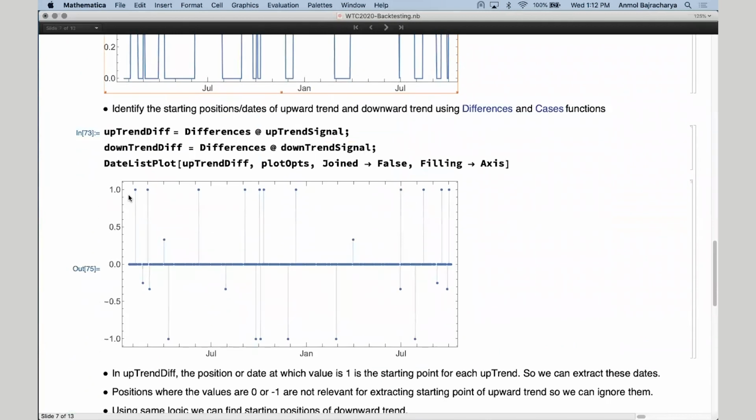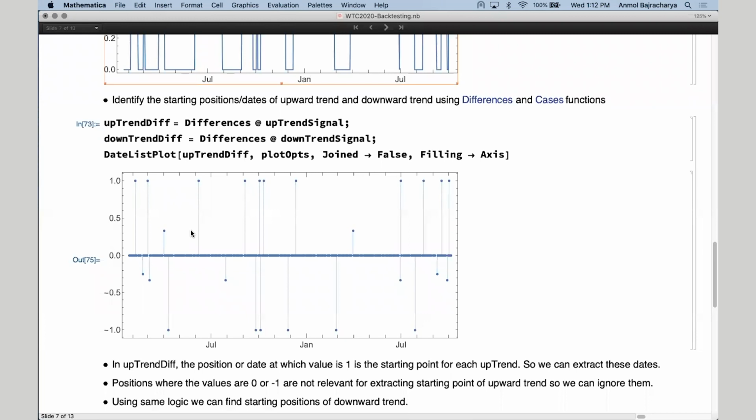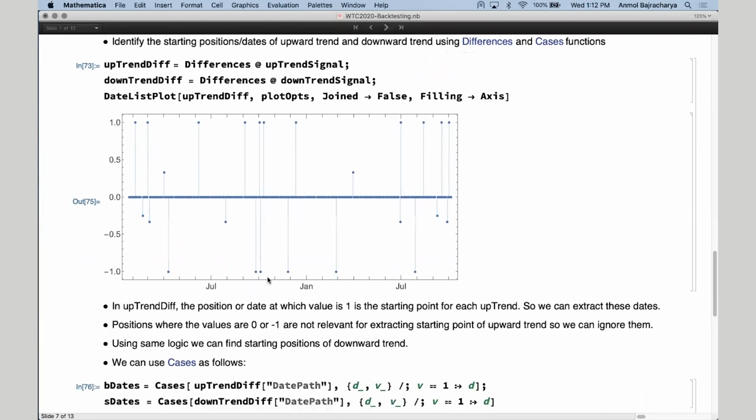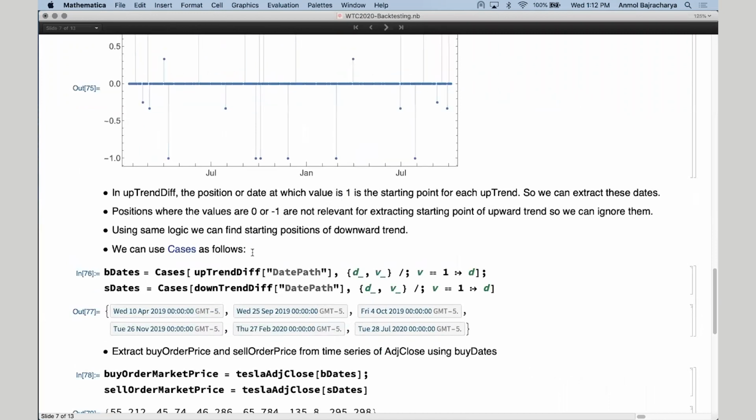When you plot it, all the dates that have value 1 are where the upward trend starts, and we will be ignoring the values that are 0 or -1. We can do that by using case functions and date path, and then you can extract the dates here.